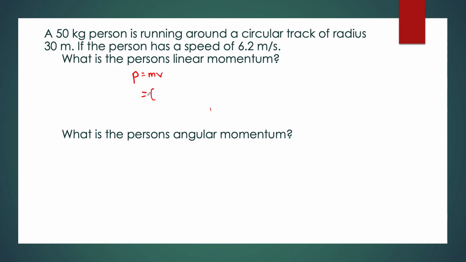All right, we can find our mass. It's just a 50 kilogram person. And we have our v, which is just 6.2 meters per second, right? This is a linear or tangential speed. If you think about the person running around a circle, wherever they are, they're always running tangent, at least if they're trying to run on the outside of the circle.